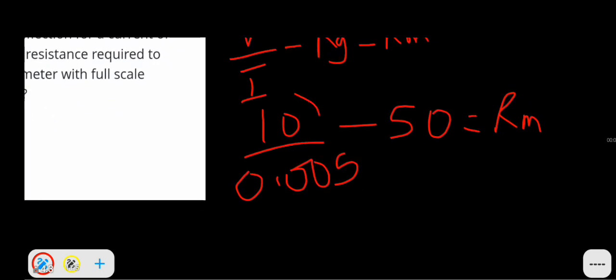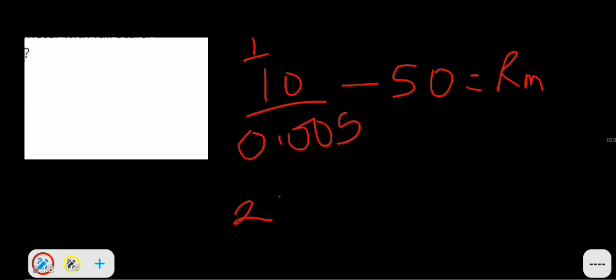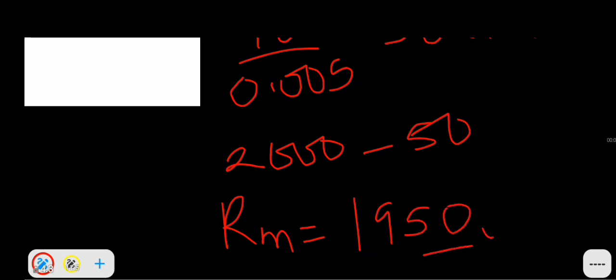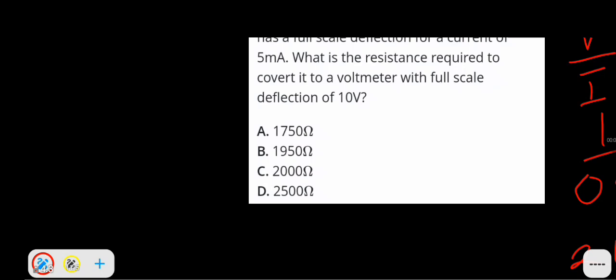If you divide 10 by 0.005, you will get 2000. Then just subtract 50 from 2000. That will give you the value of Rm. So Rm will be equal to 1950 ohms. Check the options: you can see there, that's option B.